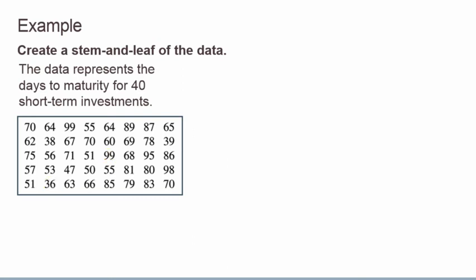So when I create my stem and my leaf, I have my vertical line. I want my stems to be 3, 4, 5, 6, 7, 8, 9, each representing a tens. So it represents 30, 40, 50, 60, 70, 80, 90. Now I want to add the leaves. So I'm going to begin with my 30s.